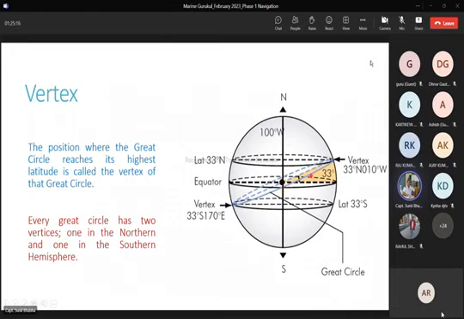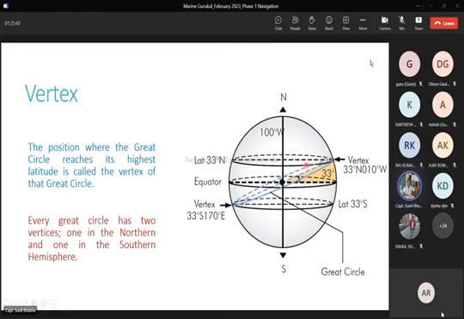If you have a close look, you will see that it reaches its highest latitude at 2 points. You can follow the laser pointer. This is one of the points having the highest latitude. In this case, they have taken the latitude as 33 degrees north. So this is where the great circle track touches the highest latitude in the northern hemisphere.